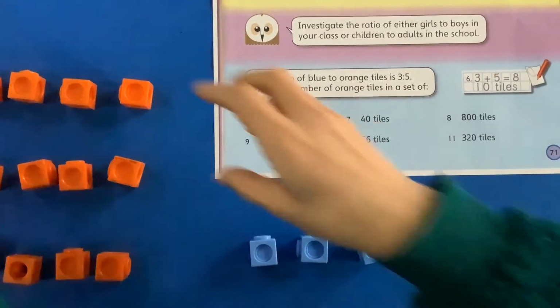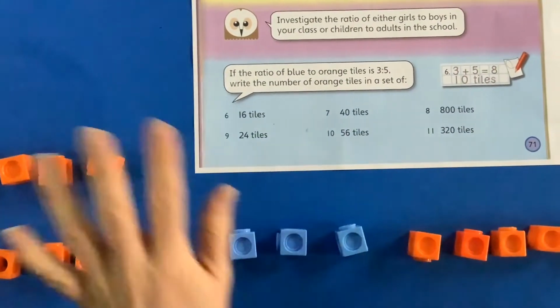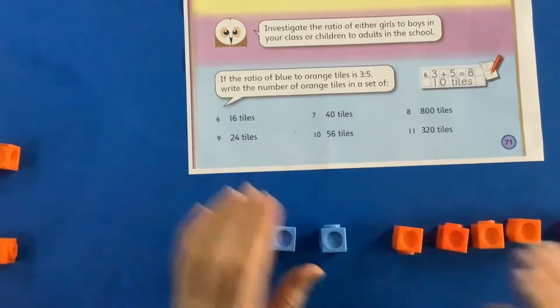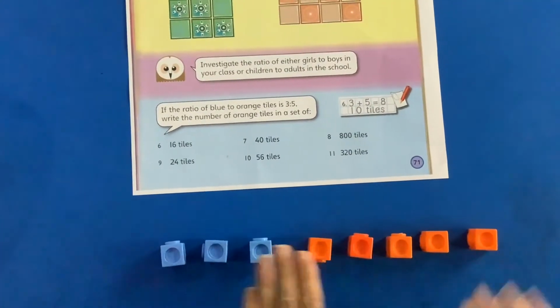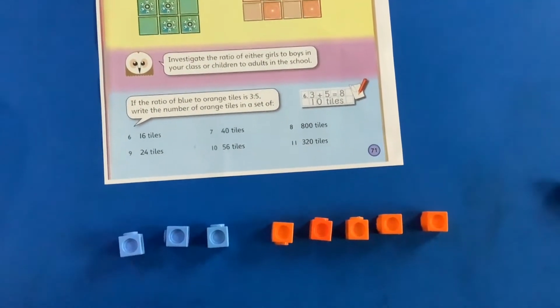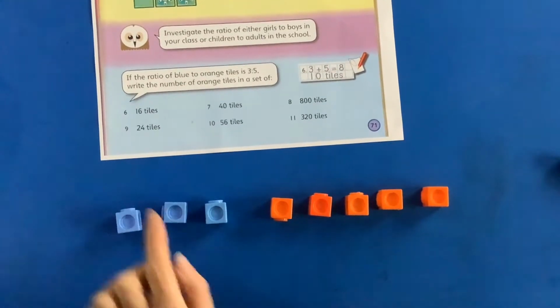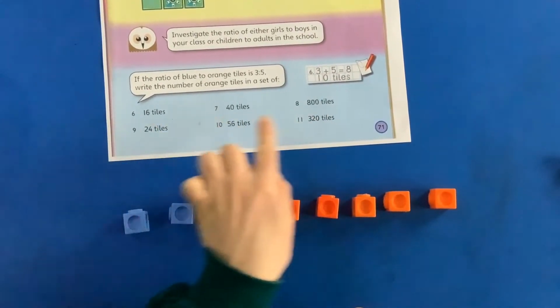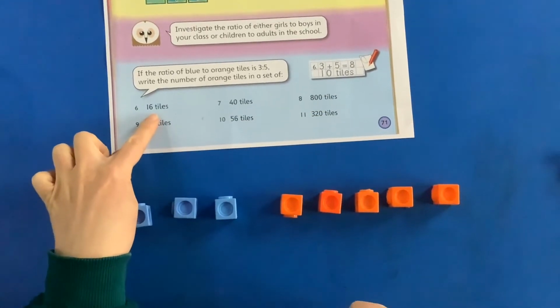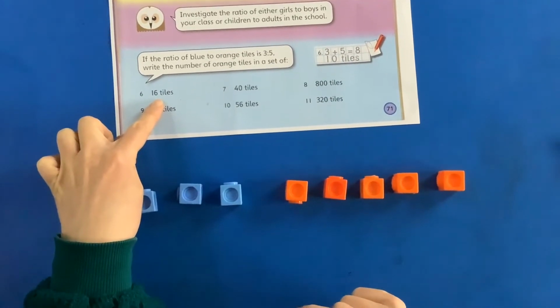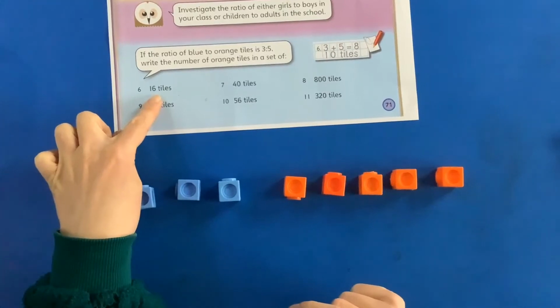So every time I have 3 blue, I have 5 orange. And this is what I say about it starting to get a little bit more tricky now. Ratio is how one part relates to the other part, but they're giving us the totals here. So they're saying if there is a total of 16 tiles, how many do you have of each?